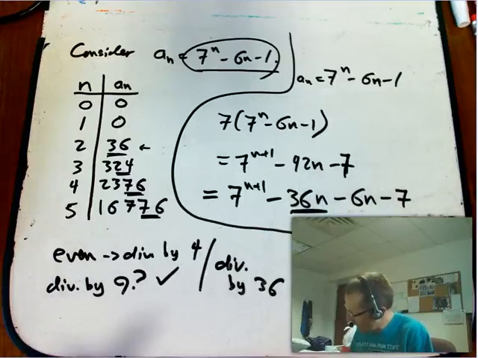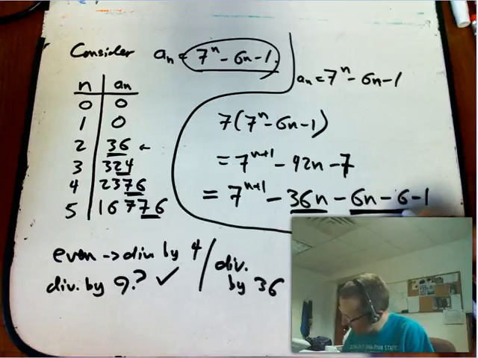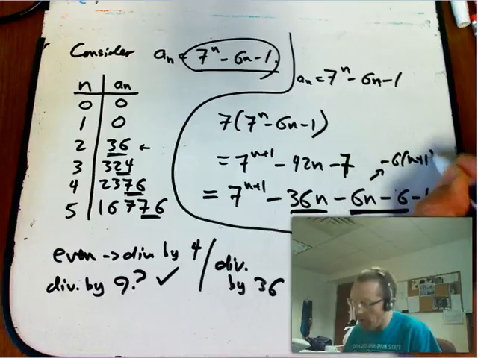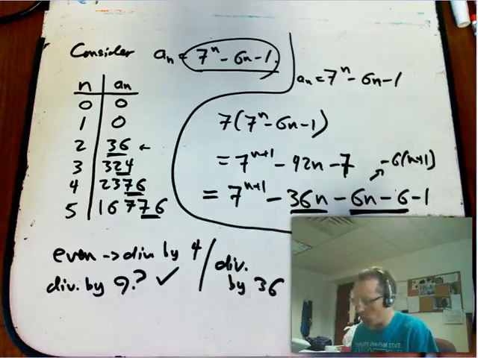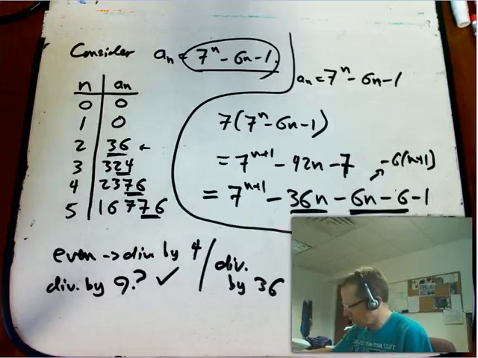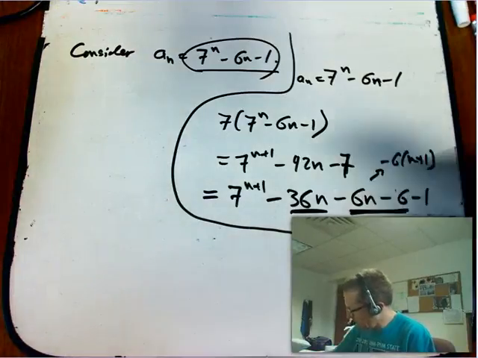So what's the rest of it? I'm going to write this 7 as a minus 6 minus 1. What's this? That is minus 6 times the quantity n plus 1. I think we're on a roll here. So let me just write that out a little bit more cleanly. What did we do?